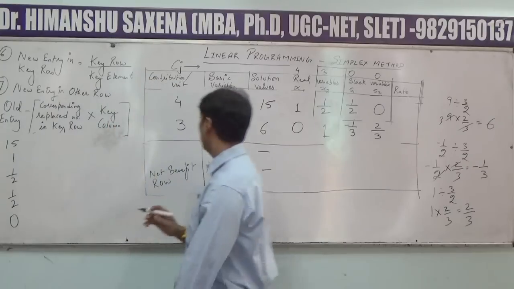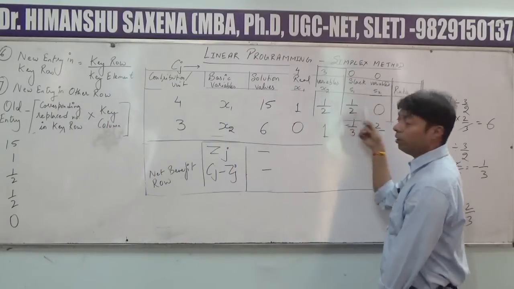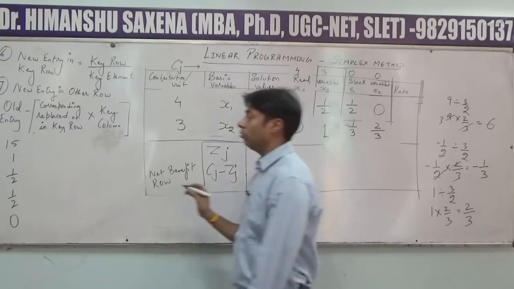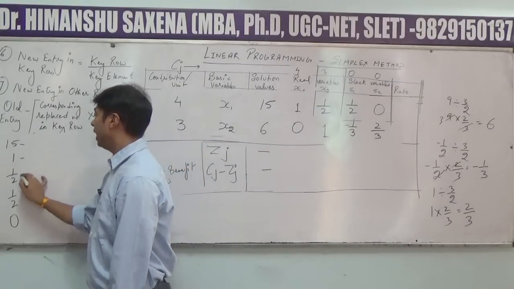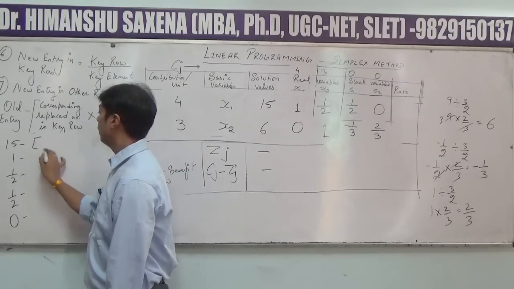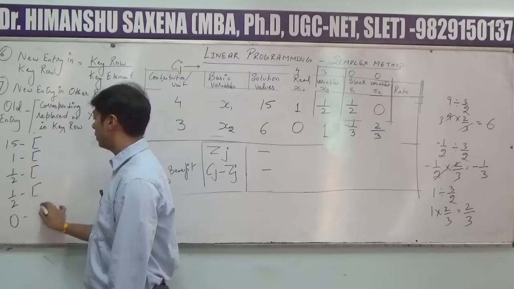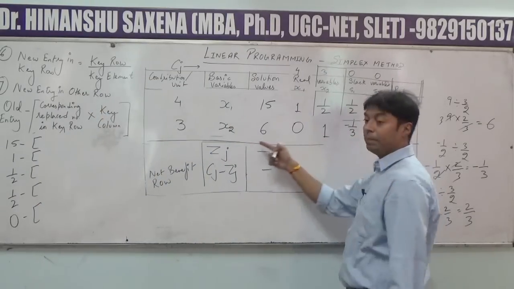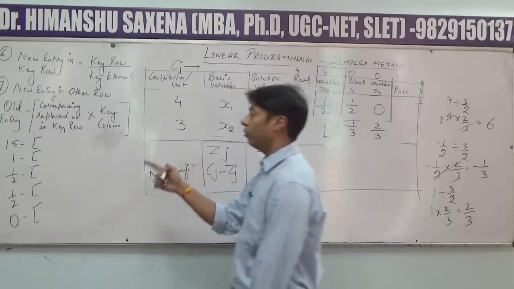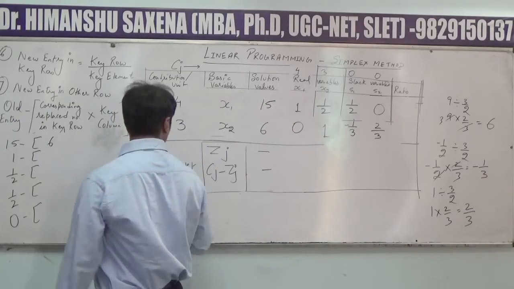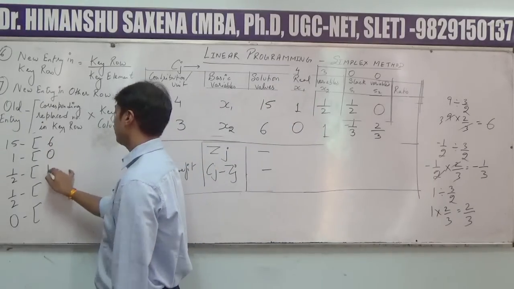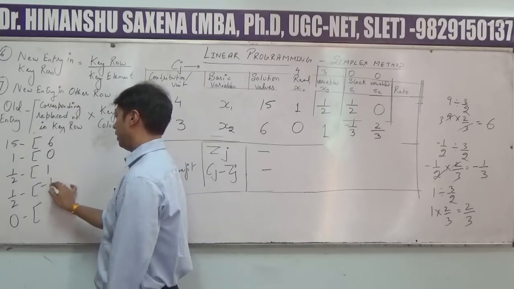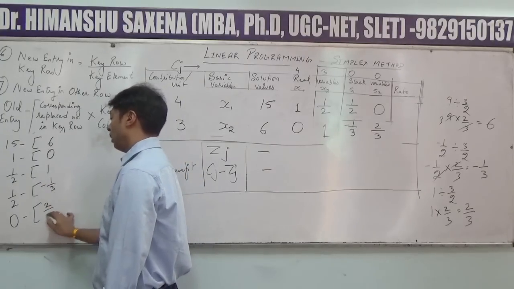So first of all, we have to give all these old entries. Now we'll have to subtract the corresponding replaced number in key row. Now all these values which have been replaced recently are going to be there in this bracket, which are 6, 0, 1, minus 1 by 3 and 2 by 3.